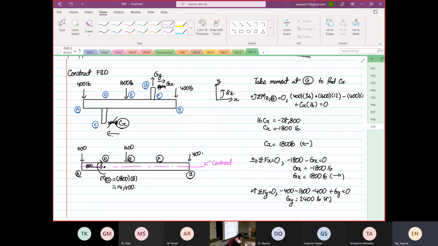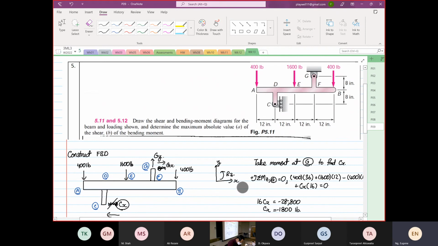Okay. So at point F again, we are going to have a moment induced by Gx. Over here, we are going to induce a moment at point F. And this moment is going to cause a... Gx is equal to 1800, multiplied by a distance of, what is our distance?